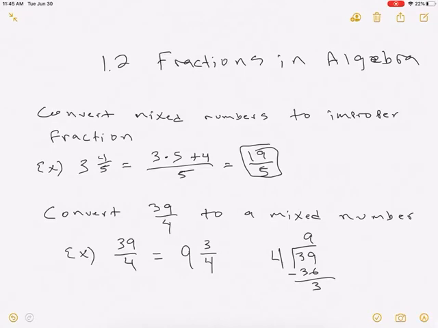All right, let's keep going. Now let's go over how to multiply fractions. Multiplication and division is very similar. It's simply done straight across. So let's take a look at an example. 3 2/3, we're going to multiply times 1 1/4.